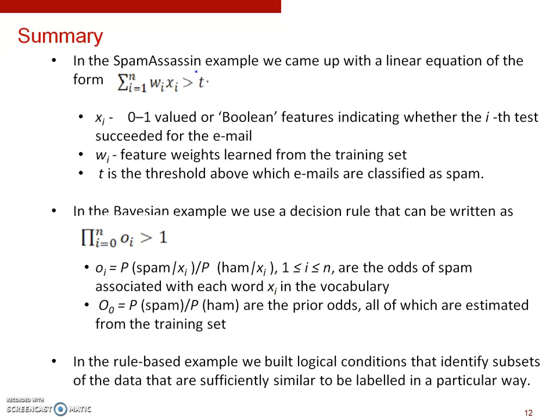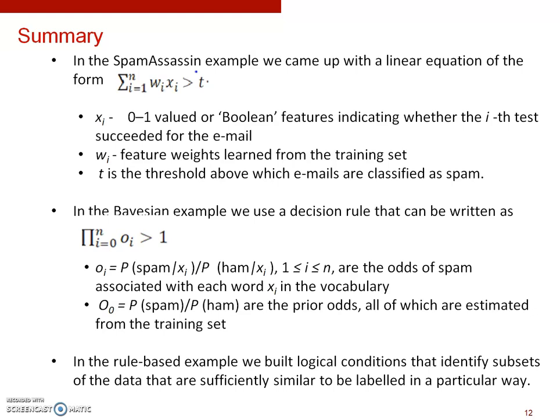The first one is by making use of the linear classifier, which is defined by the equation sigma i equal to 1 to n, w_i x_i greater than t, where x_i represents a test whose value is a boolean value, either 0 or 1. w_i is the weight assigned to the test. t is the threshold above which emails are classified as spam.